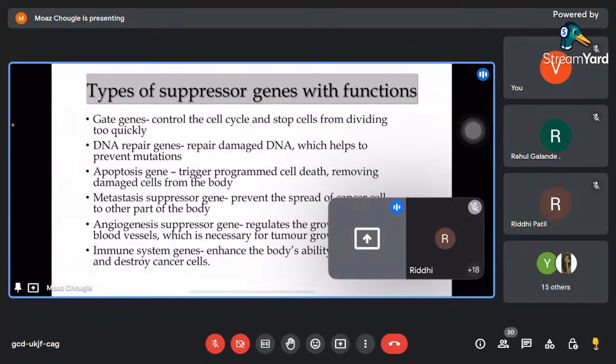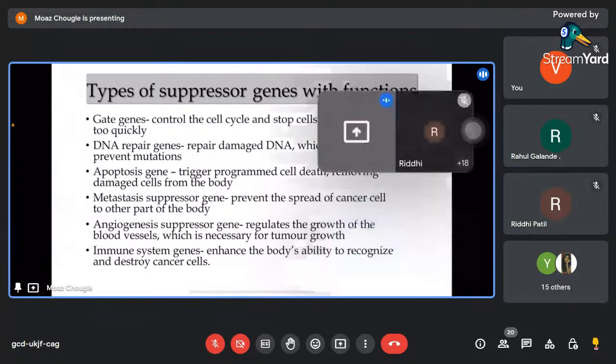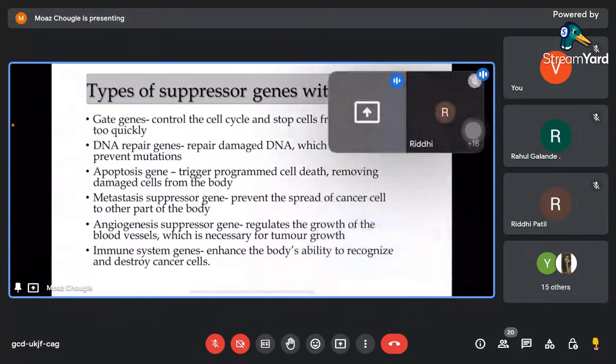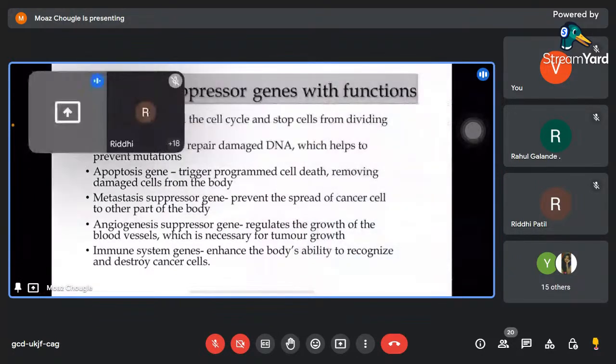Apoptosis genes trigger programmed cell death, removing damaged cells from the body. Metastasis suppressor genes prevent the spread of cancer cells to other parts of the body. Angiogenesis suppressor genes regulate the growth of blood vessels, which is necessary for tumor growth. And immune system genes enhance the body's ability to recognize and destroy cancer cells.